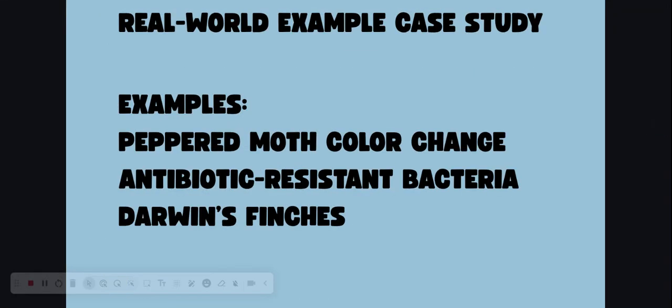Real world examples. A peppered moth color change, antibiotic resistant bacteria, and Darwin's finches. We are going to go over the peppered moth when we get into adaptations. Antibiotic resistant bacteria is why when you get antibiotics from the doctor, it usually has a set number of days, like 7 days or 10 days, and they tell you to finish them even if you're feeling better.